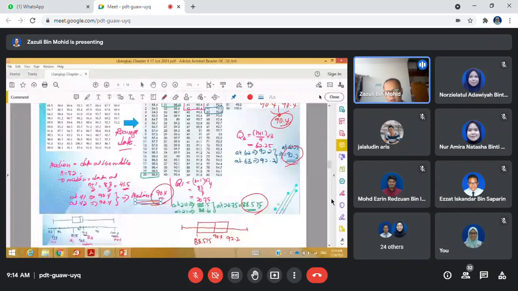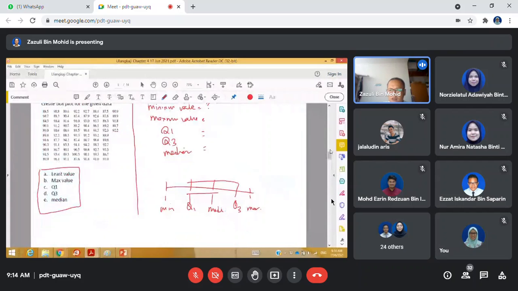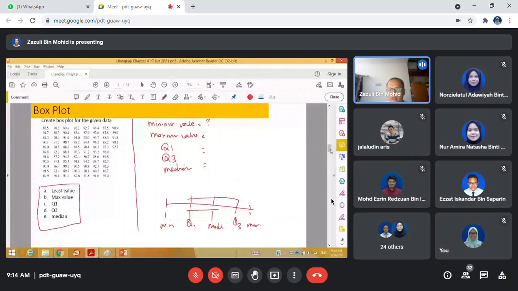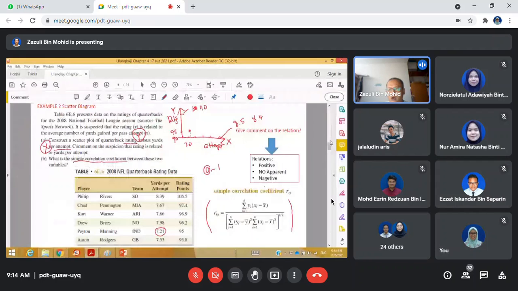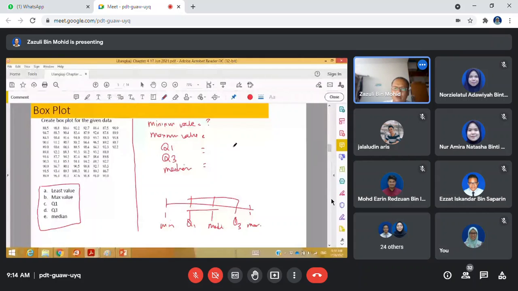When you want to define, in this question here, whether we have outliers, okay, what about the outliers? Do we have any outliers?